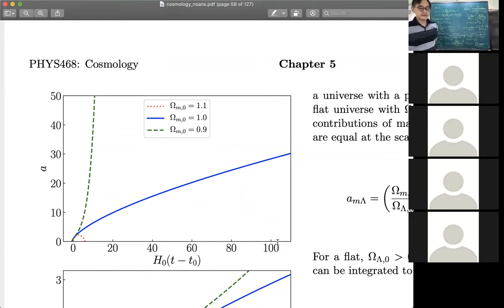Remember, in the case of matter plus curvature, when it crunches, it runs more than 100. I mentioned the number 110 in the unit of Hubble time in order for such a universe to crunch. But in the case of matter plus lambda, if you look at this red line, it shrinks much faster.